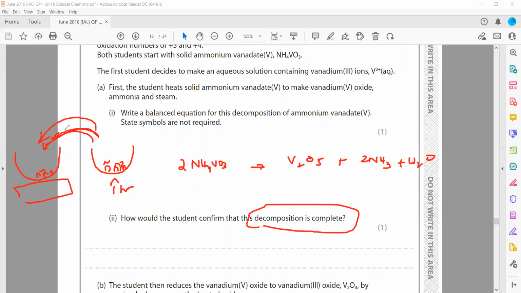When we weigh it again, if the mass is not changing, it means that the decomposition is complete and the substance does not decompose further. It's stable now. Is this part clear?